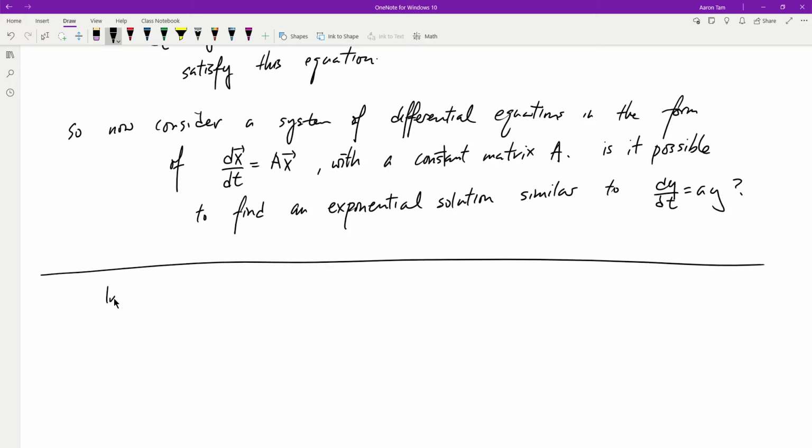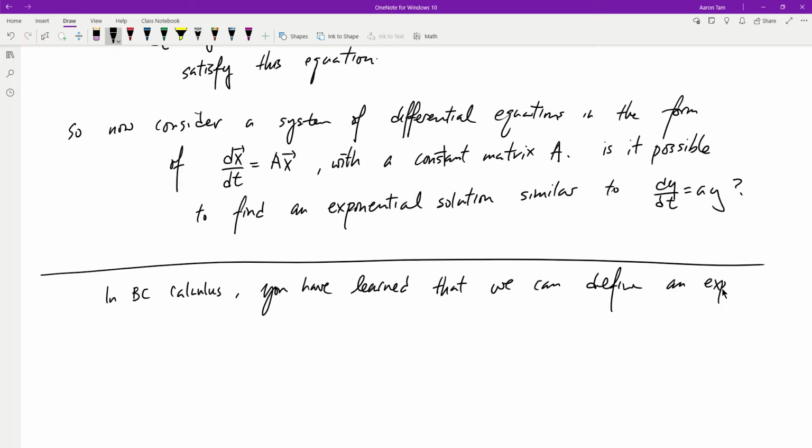In BC calculus, you have learned that we can define an exponential function using a power series.